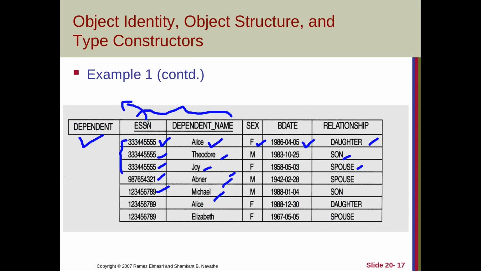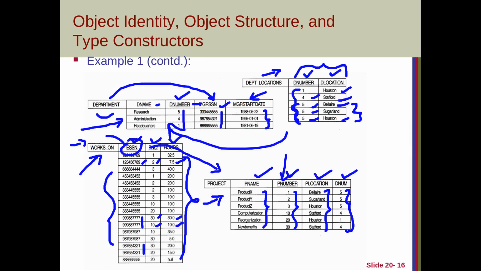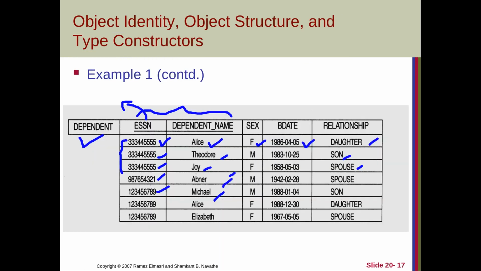Then similarly all these relations are related to each other, and whenever you want to get some information from this entire company schema, we need to have some connection between these relations, and based on those connections only we can get the entire details of a particular employee or a dependent, or about a particular project or the department, etc. Now the situation changes in the case of object-oriented databases.